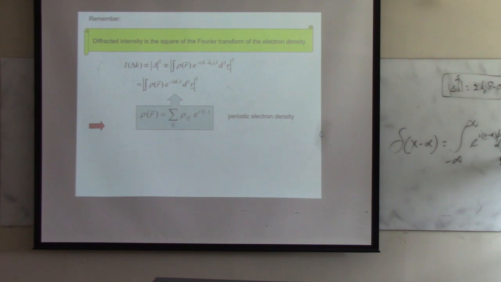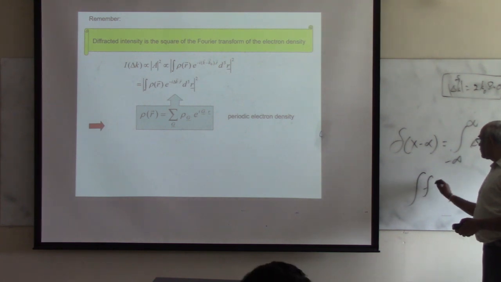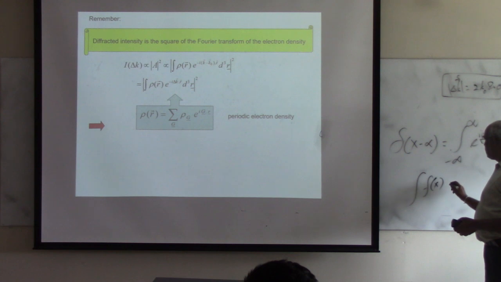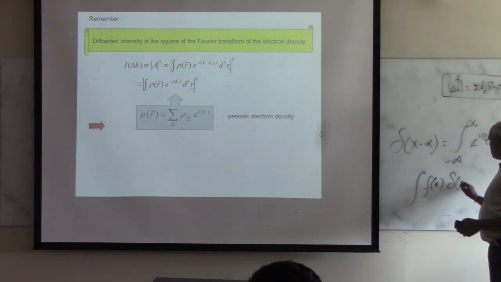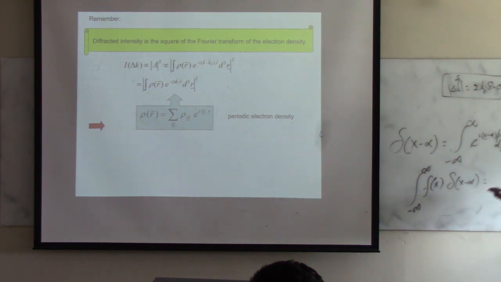That's the definition of a delta function, right? Also, anybody remember the integral of a delta function? If you have some f of x, if I integrate it against delta of x minus alpha, what is the answer? This is simply f of alpha, right?